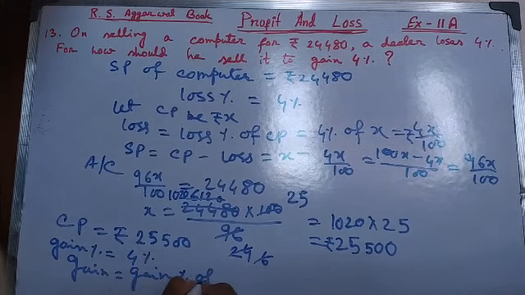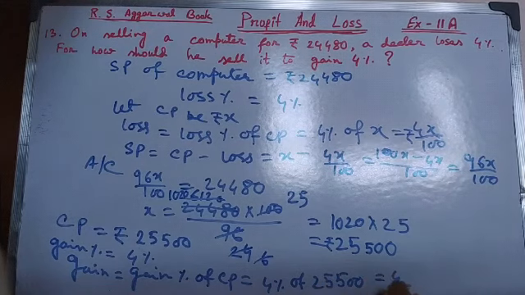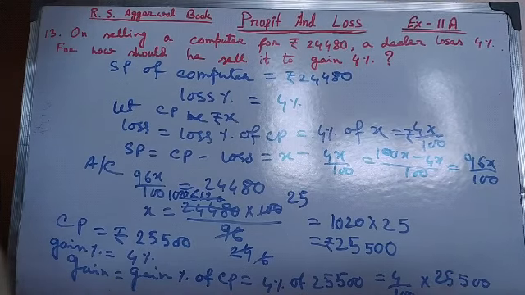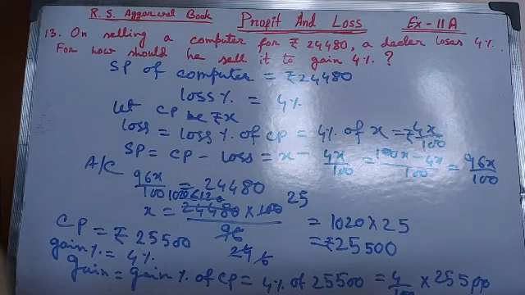Gain is gain percent of CP, that means 4% of CP, which is 25,500. That means we will calculate 4 by 100 into this one. 0 can be cut. So 4 5s are 20, 2 carry, 102. This is the gain.